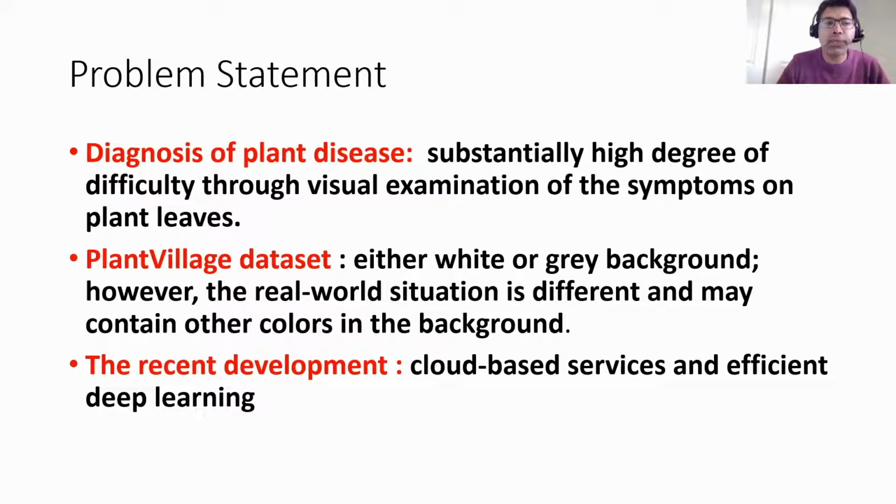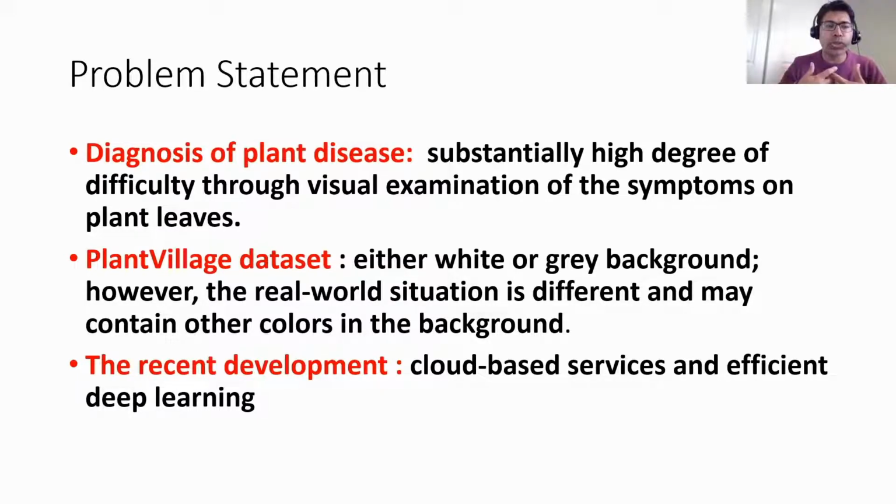There's a lot of work in the literature which uses computer vision for diagnosis of plant diseases, mostly based on visual features on the plant leaves and also on the fruits. So we have a similar notion.